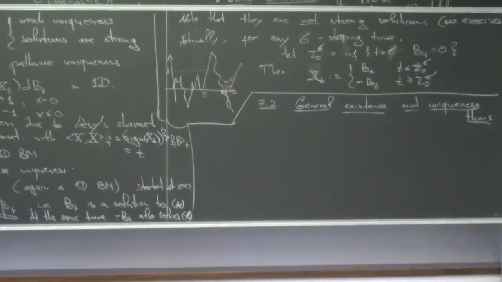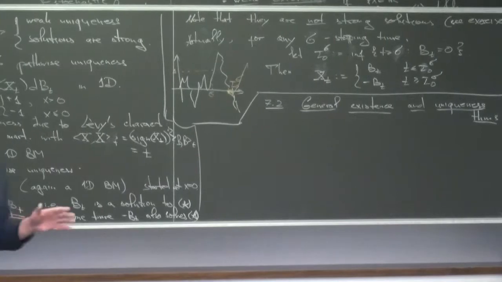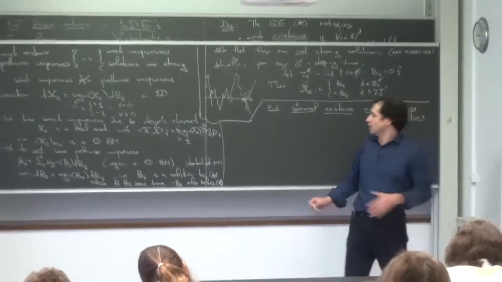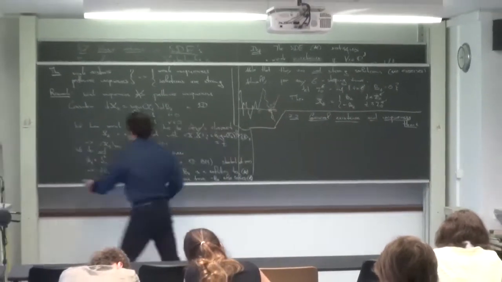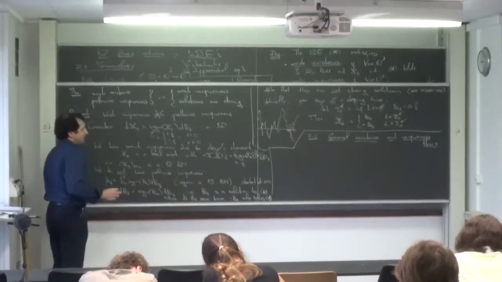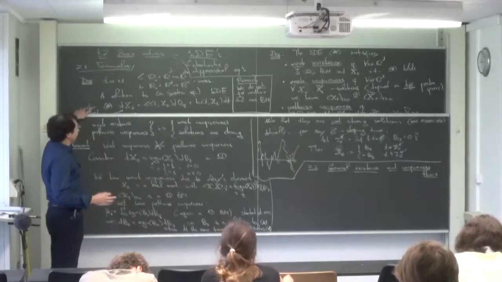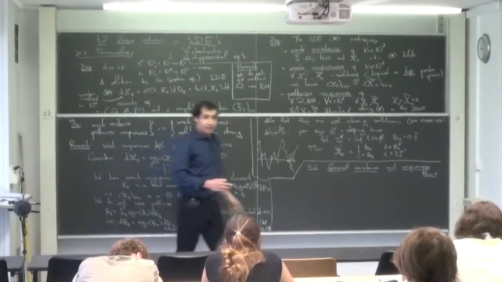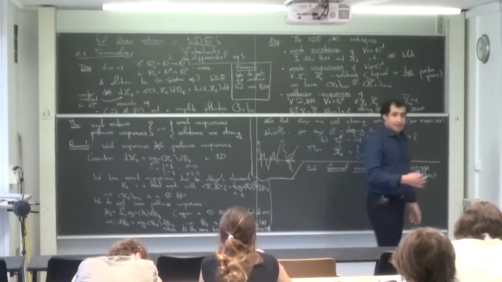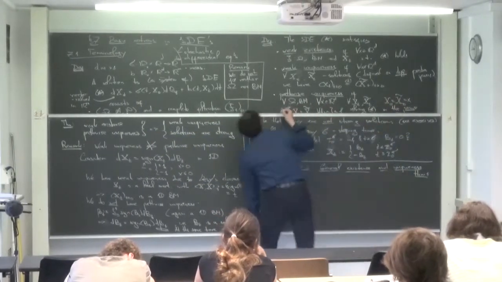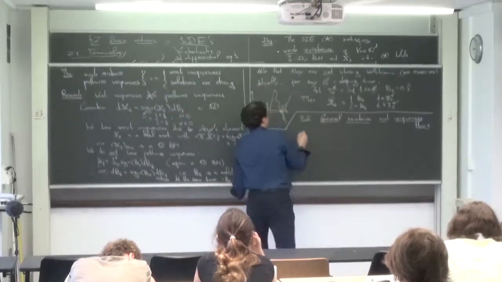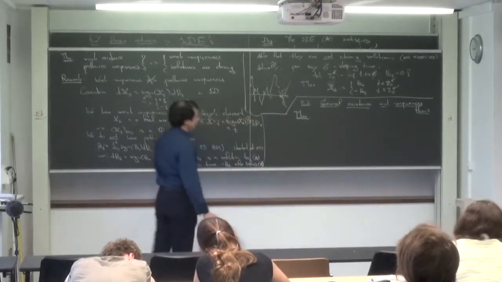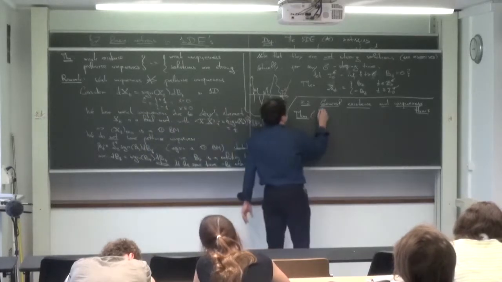The parallel you should have in mind is, of course, ordinary differential equations. There is a similar but simpler theory for ordinary differential equations, and what we should expect is that if the coefficients are nice, then the solution exists and is unique. So the very first theorem claims exactly this. This is the Lipschitz case.